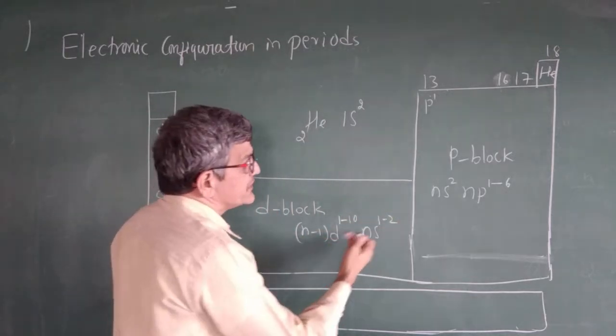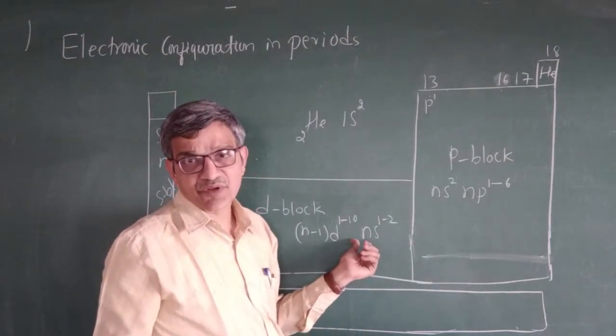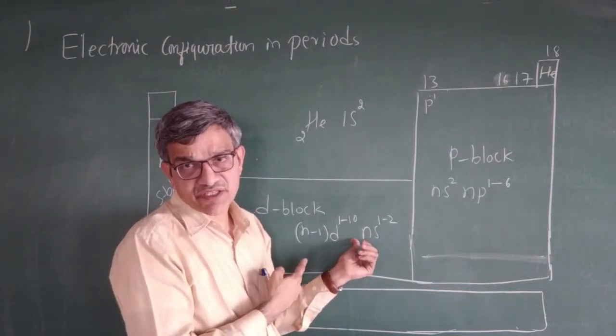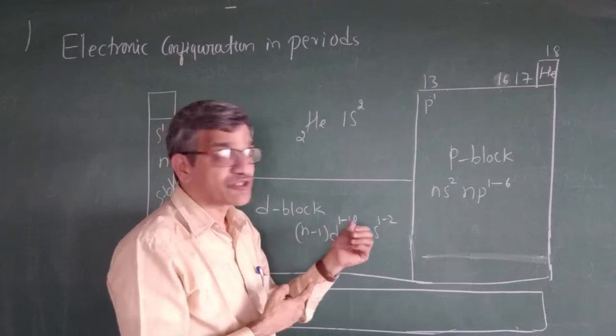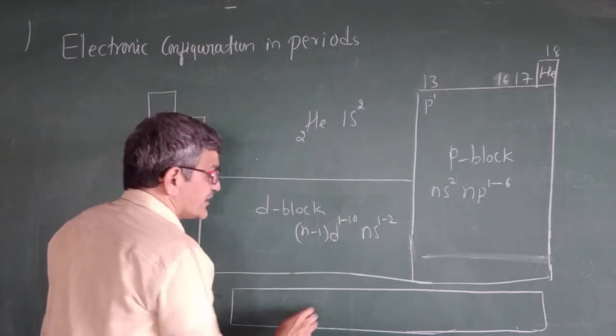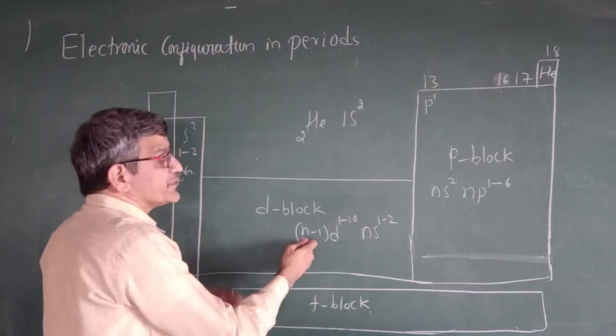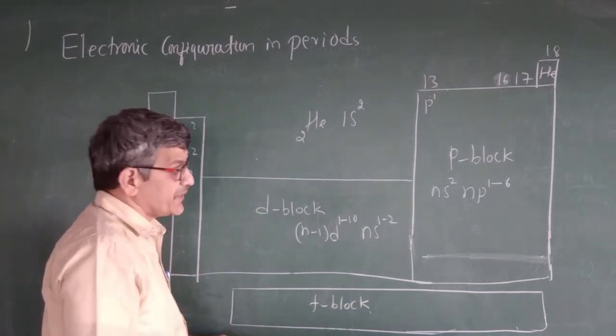So therefore it changes. Also we have written some examples of electronic configuration, 3d ಮತ್ತು 4s ಬರ್ತದೆ.